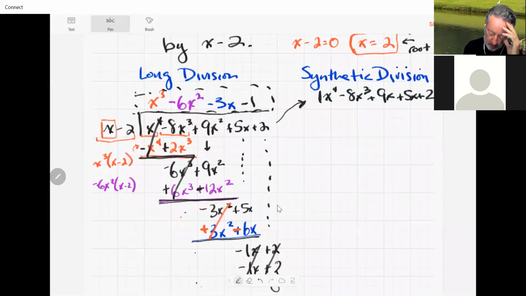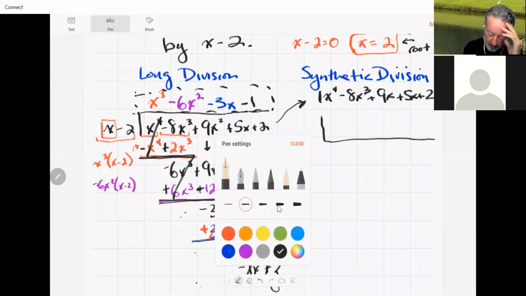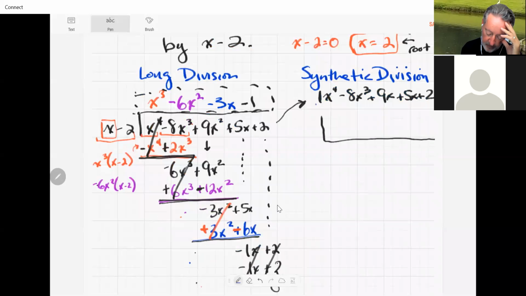Now we are going to do synthetic division. For synthetic division, we use an upside down long division. The first thing I do is write down only the coefficients: 1, negative 8, positive 9, positive 5, and positive 2.